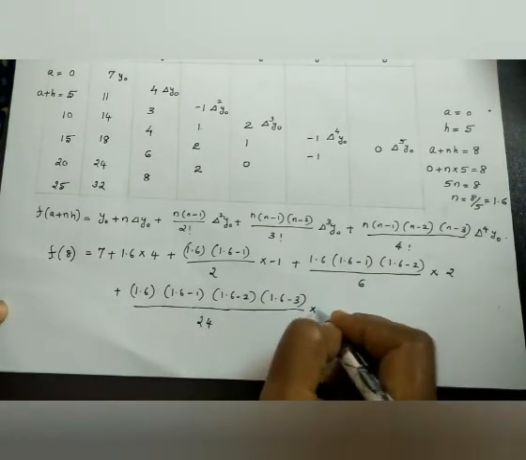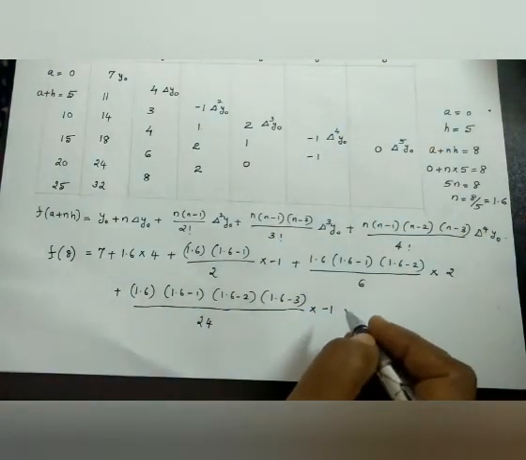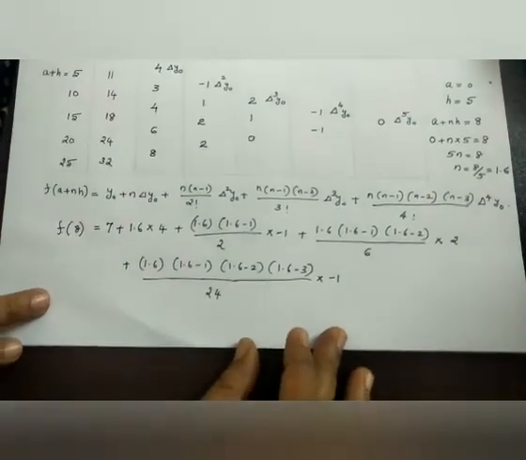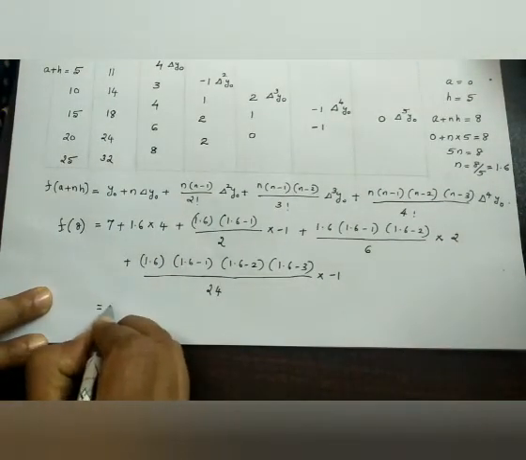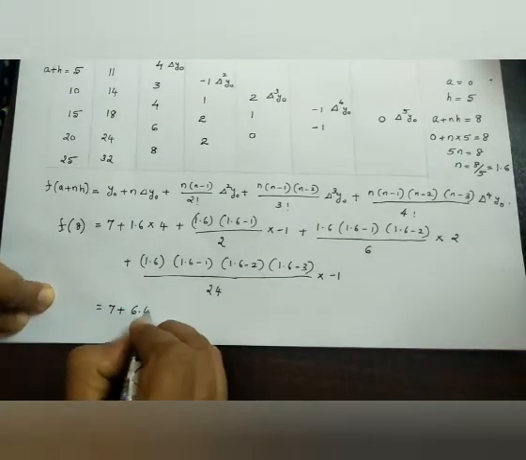into delta raised to 4 y naught is minus 1. You can calculate this with the help of a calculator. I am writing term by term. First one is 7, plus the second term is 6.4.